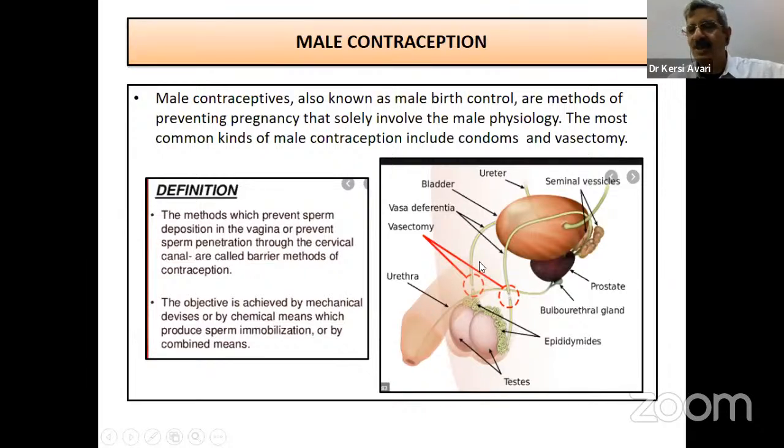But vasectomy is not favored by all. When you use condoms, quality and tensile strength are equally important. The methods which prevent sperm deposition in the vagina or sperm penetration through the cervical canal are barrier contraception. It causes a barrier; it stops the sperm.